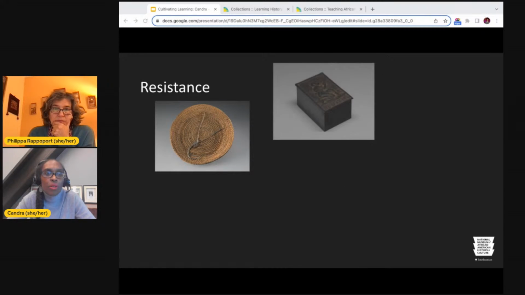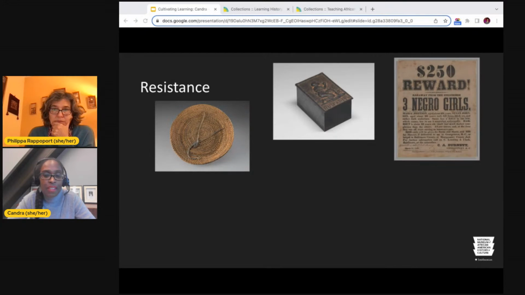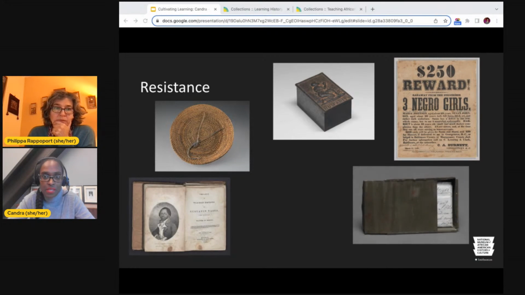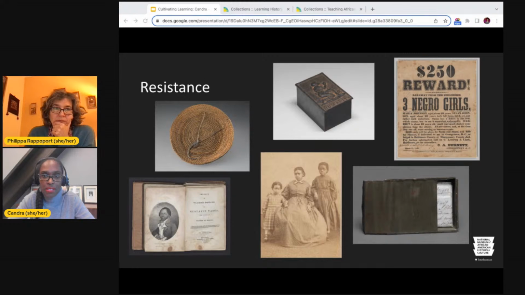I think it's really important that we state it clearly that enslavement has never existed without resistance from the people who were being oppressed. In the 18th and 19th century, there were laws created and social norms that kept African Americans and people who were enslaved oppressed.